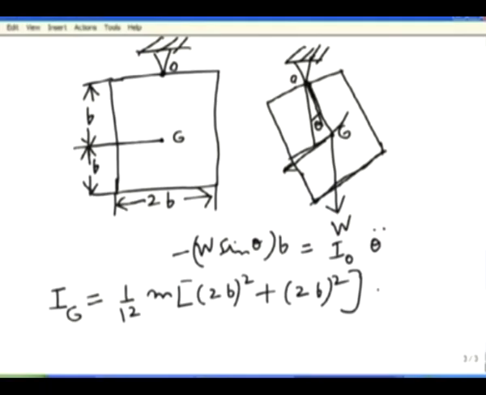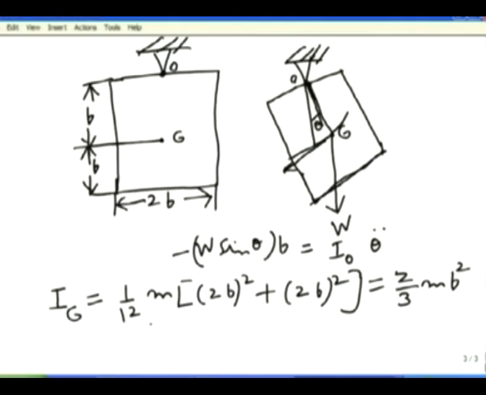So this is Ix plus Iy. So half m 2b square, which comes out to be 2 by 3 mb square. Now, the parallel axis theorem can be used.